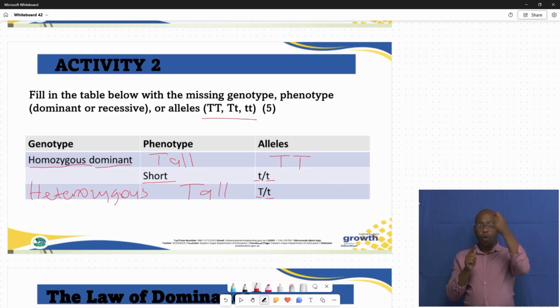Why is it giving us a tall phenotype? Because heterozygous means that we have got a dominant allele and a recessive allele. And in the heterozygous condition, it is only the dominant allele that gets to be expressed in the phenotype. Hence, our correct answer for the phenotype here is tall.